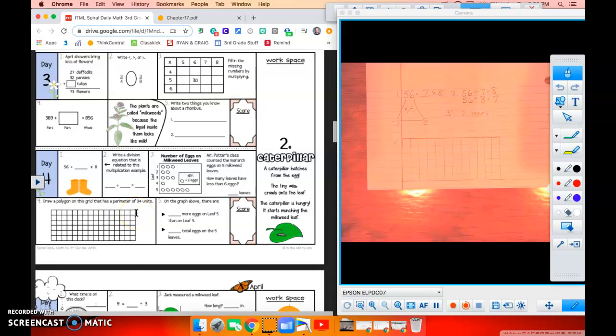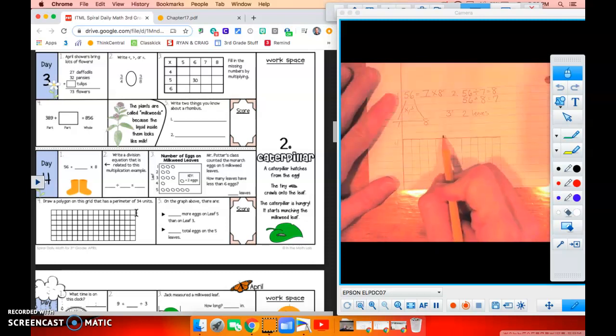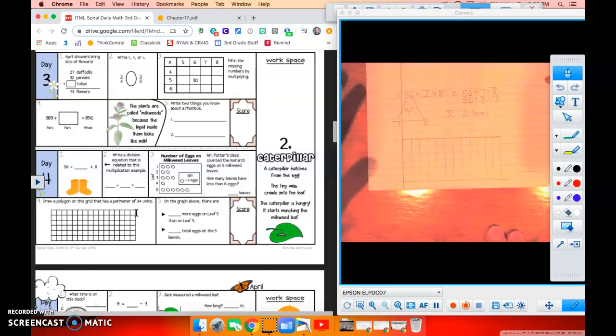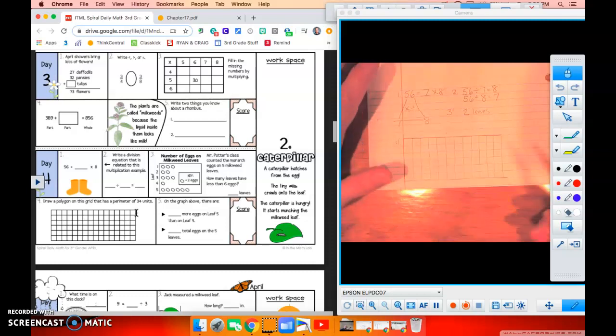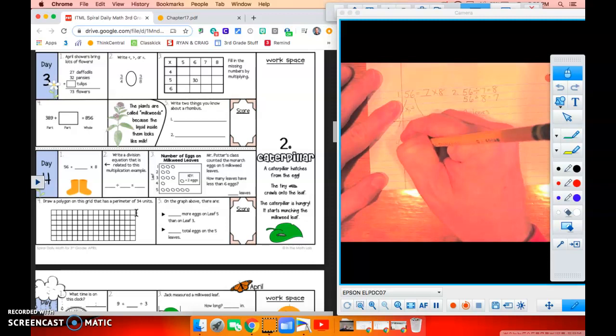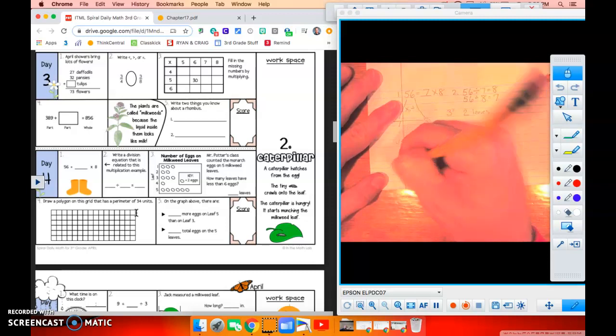You might have something a little different than what I have, but I have 12 going across. I'm going to put a 12 on there as a reminder. And I'm going to need another 12 down here, which will give me 24. 12 plus 12 is 24. 34 minus that 24 would be 10. Divided by 2 is 5, so I can go down 5: 1, 2, 3, 4, 5.